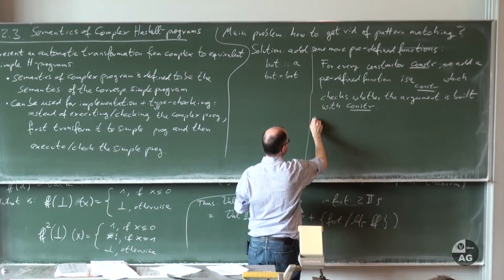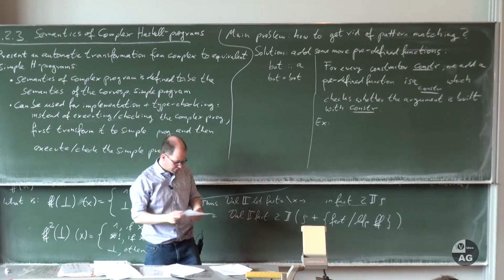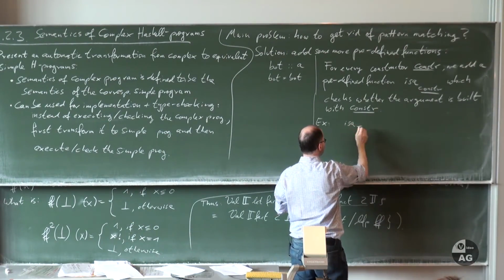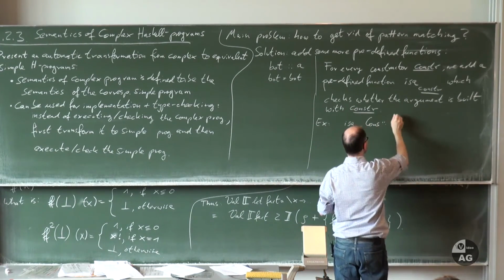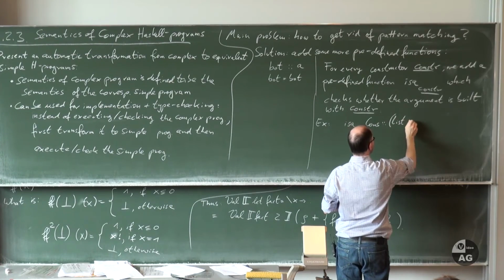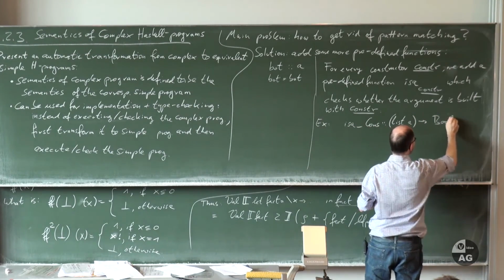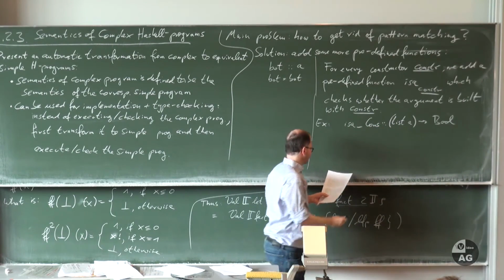So for example, if we think of lists where we have a data constructor cons, we would add something like this. There would be a function called isAcons, which takes a list and it gives you back a Boolean. And now it finds out, is this list built with cons or is it built with nil?